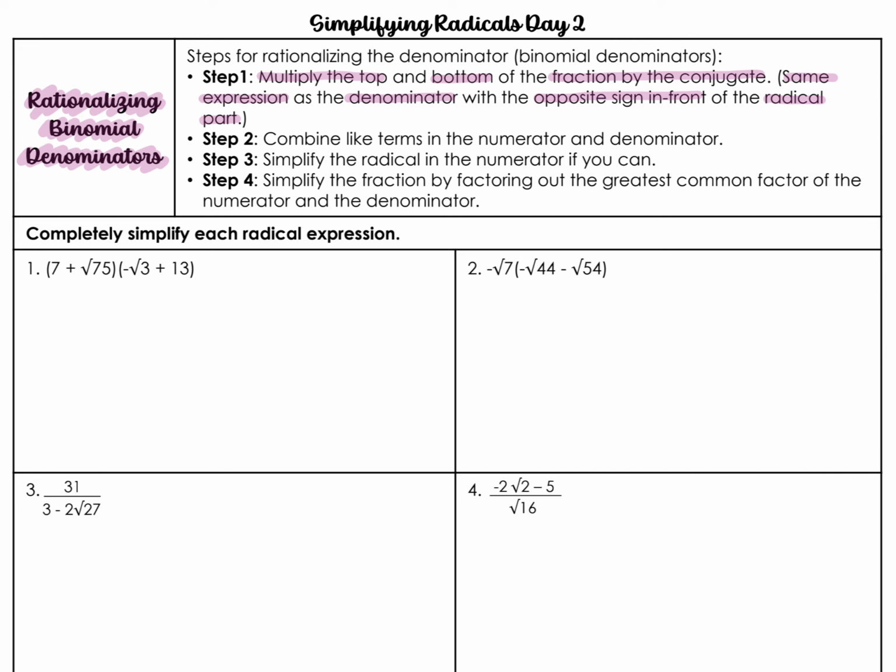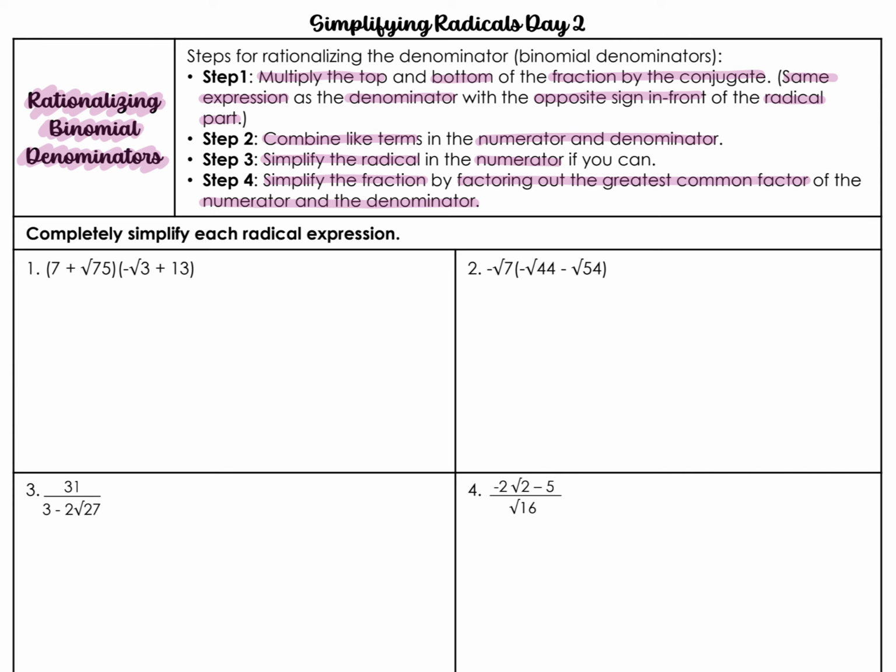Then we have step 2, combine like terms in the numerator and in the denominator. Step 3 is to simplify the radical in the numerator, because you should have already canceled out the radical in the denominator. And then step 4 is to simplify the fraction by factoring out your greatest common factor, your GCF, from the numerator and the denominator.